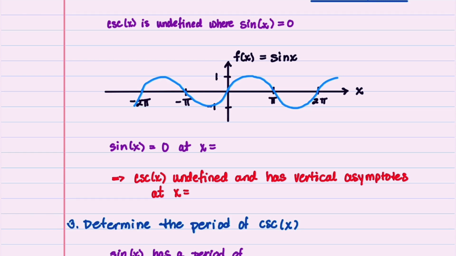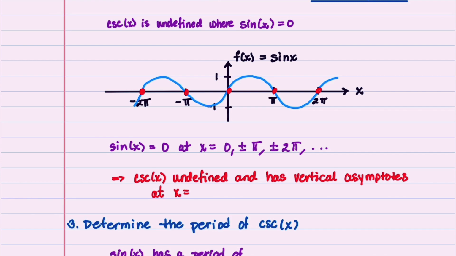If we look at the graph of sine x, we can see that sine x is 0 at these points. We can write this as sine x is equal to 0 at x is equal to 0, plus or minus pi, plus or minus 2 pi, and then all the points after that.